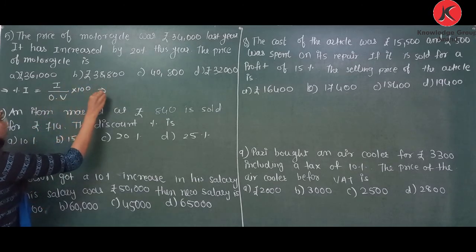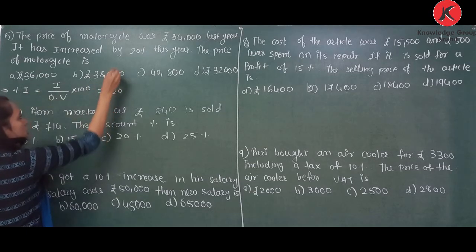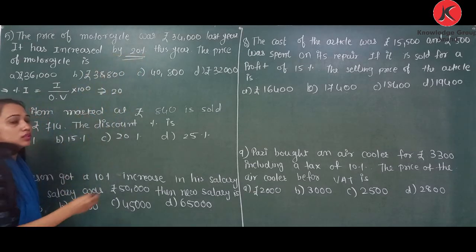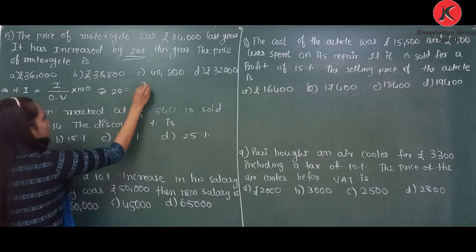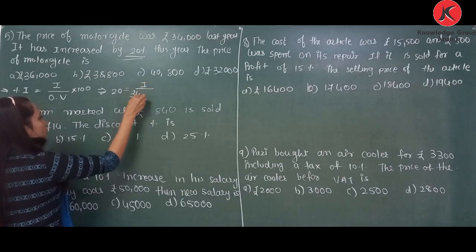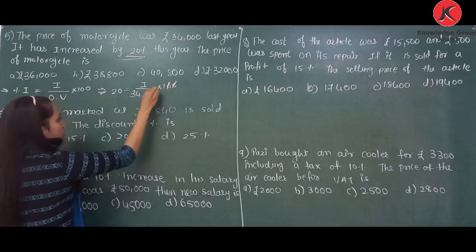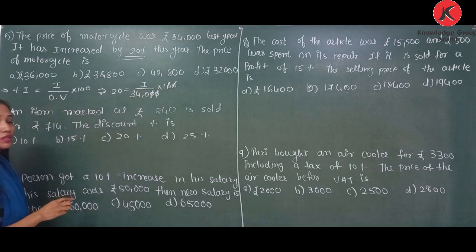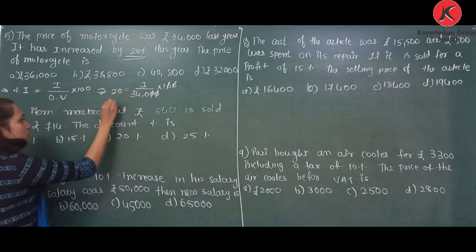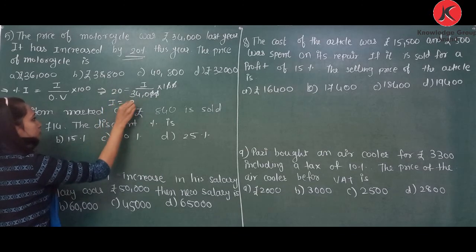Increase percentage is given, 20%, is equal to increase divided by original value 34,000 multiplied by 100. So the zeros cancel, 340 multiplied by 20.